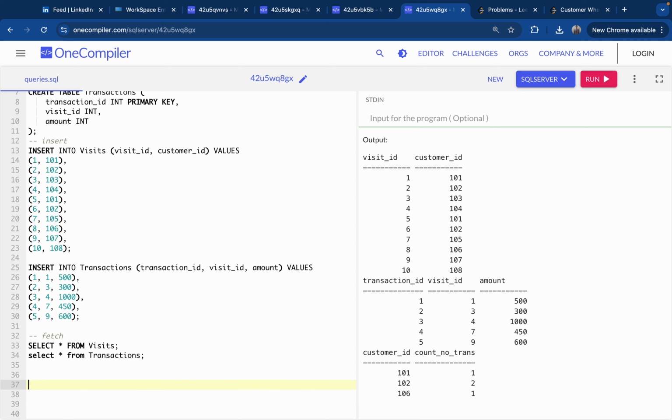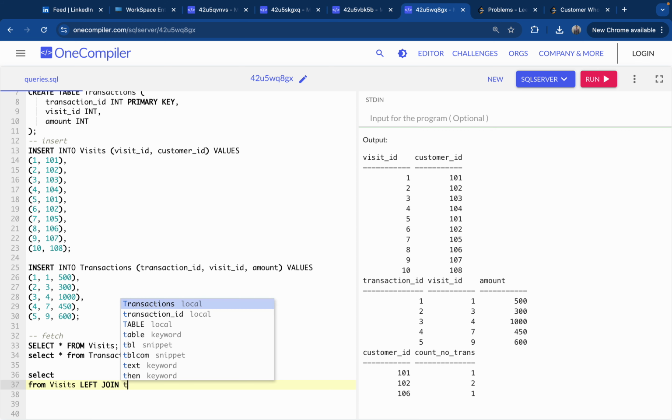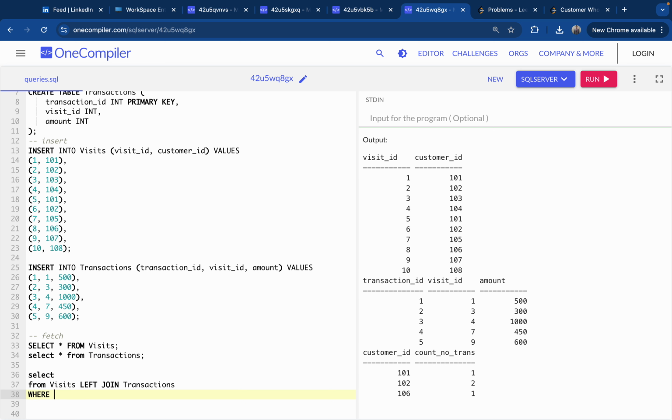So now we want to get the information of all the customers, right? So we can use left join. Select from visits, left join transactions, where we know that we can join these two tables using visit ID, where we have to give alias v and transaction t, where v dot visit ID equals t dot visit ID, and let's see what result we are getting.